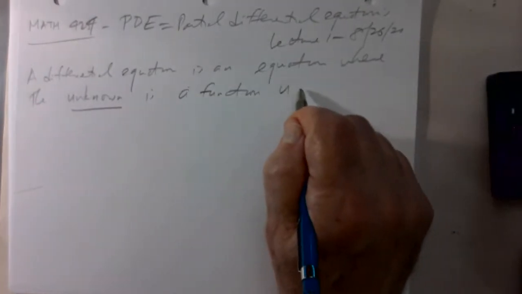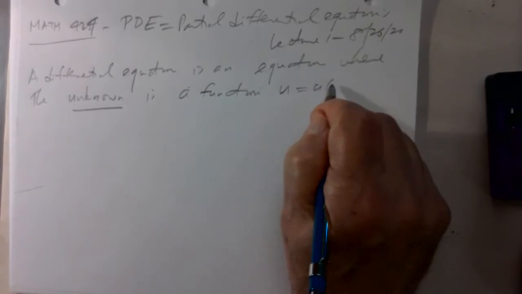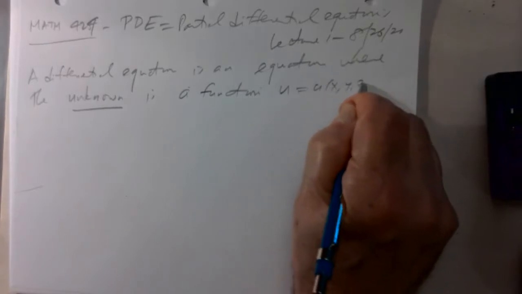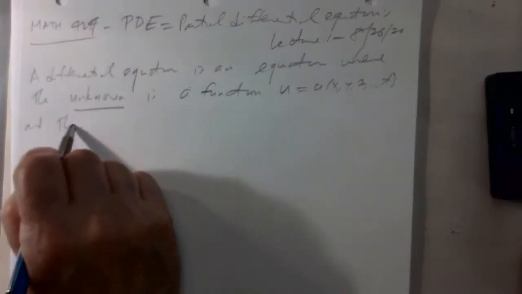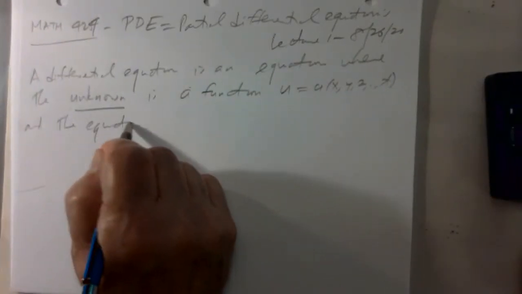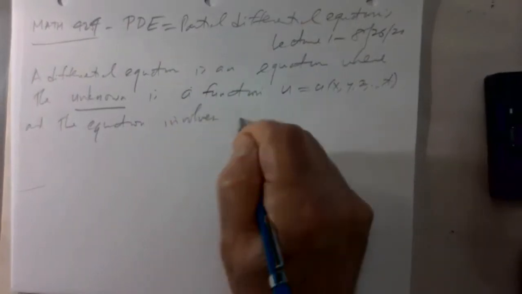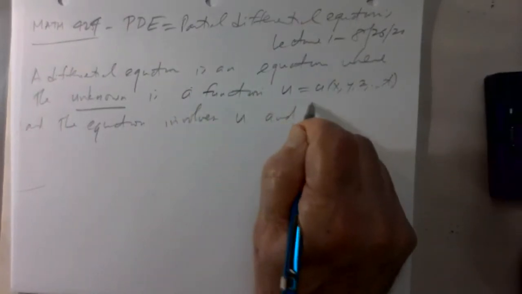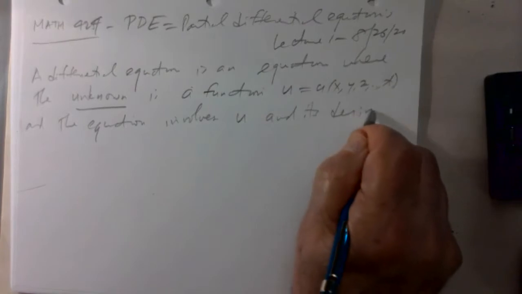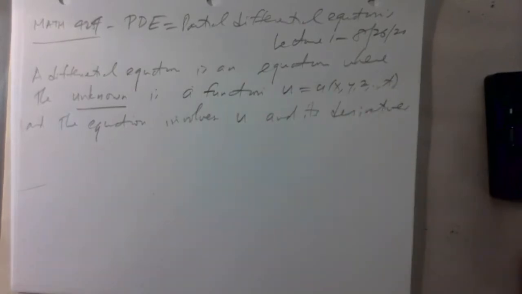It can involve a variable x, y, z, other variables, t, and so forth. And the equation involves u and its derivatives. It's called a differential equation because there's an unknown function, and the equation says something about the function u and its derivatives.